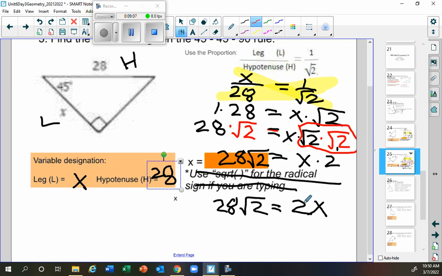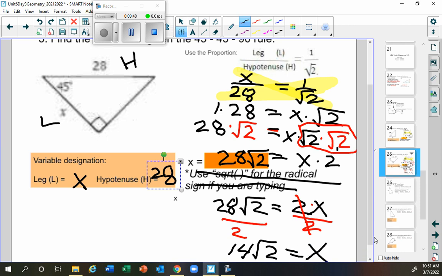What do we divide both sides by to get the x by itself? That's it. Now the 2's go away. Now, what's 28 divided by 2? 14. Now, the square root of 2, do we do anything to it? Just bring it down, that's it. And then this just equals x.